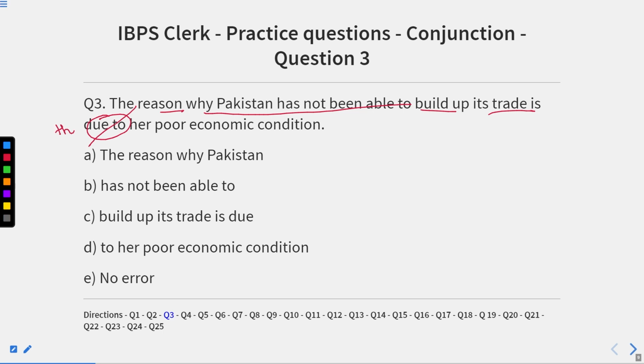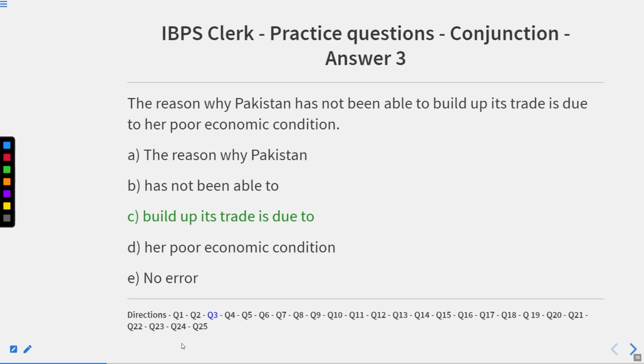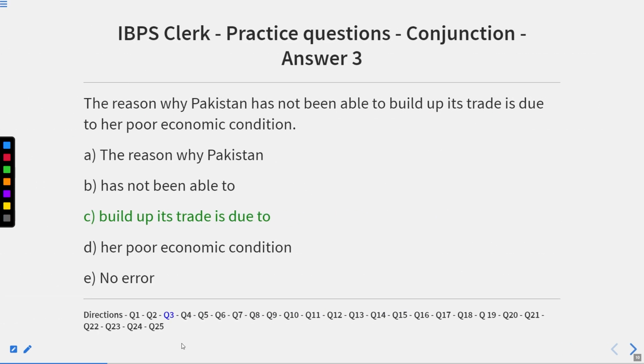It should be replaced with "that", her poor economic condition, because "due to" also shows the reason, but obviously the reason has already been given, so we need not write this word again. Therefore the error is in part C, where this "due to" is incorrect. It should be replaced with the word "that". After that, the sentence will be complete.